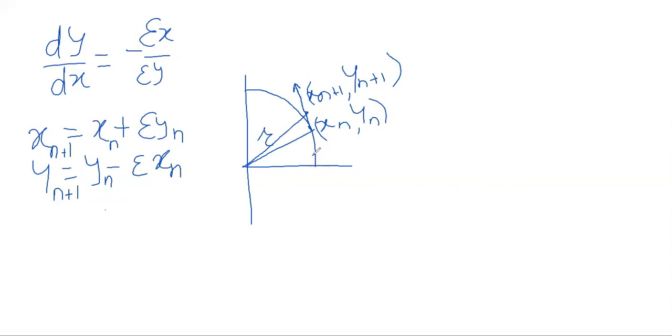Some error is added every time. Again, from this particular point on the circle we need to draw a tangent, and again we decide the next point.